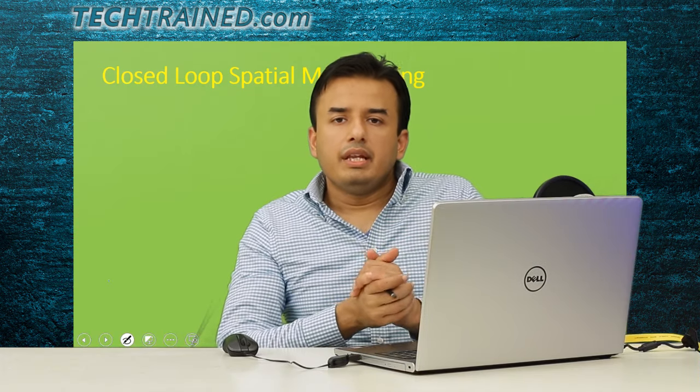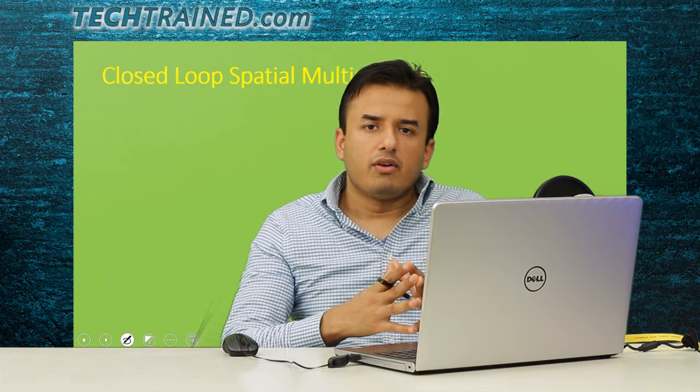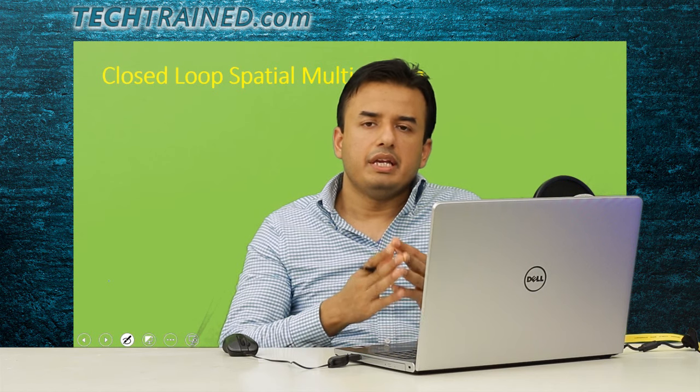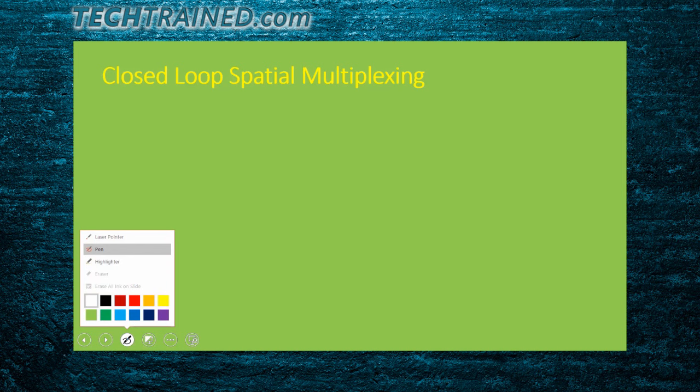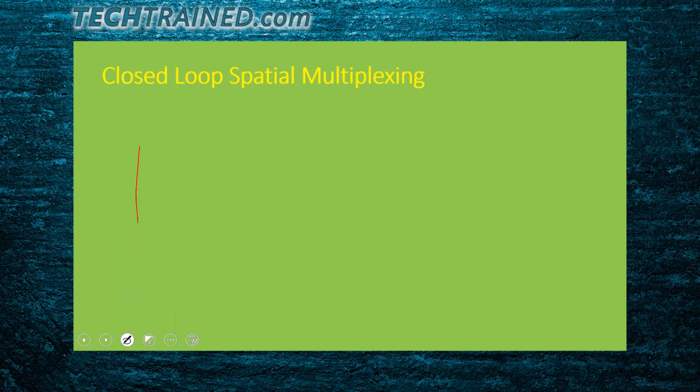So folks, we learned about spatial multiplexing already. It's the scenario where the eNodeB is using more than one stream of information. Let's go further and talk about what is closed loop spatial multiplexing, and let's consider it with an example. So let's say this is a site and this is the coverage, and this is a user here.